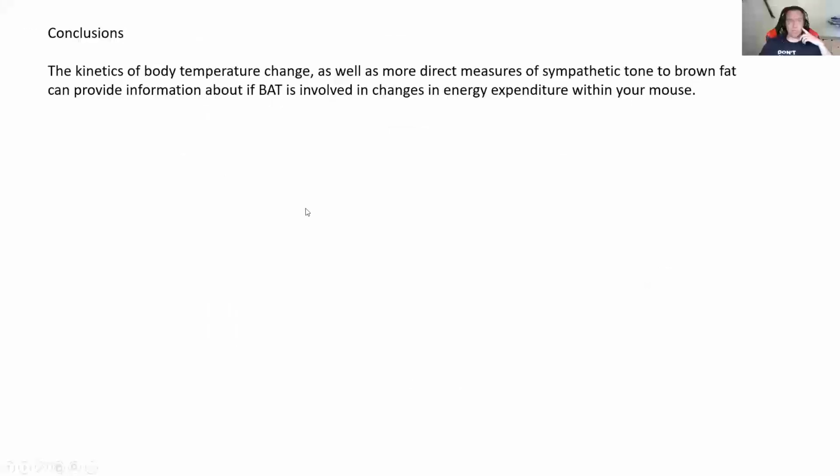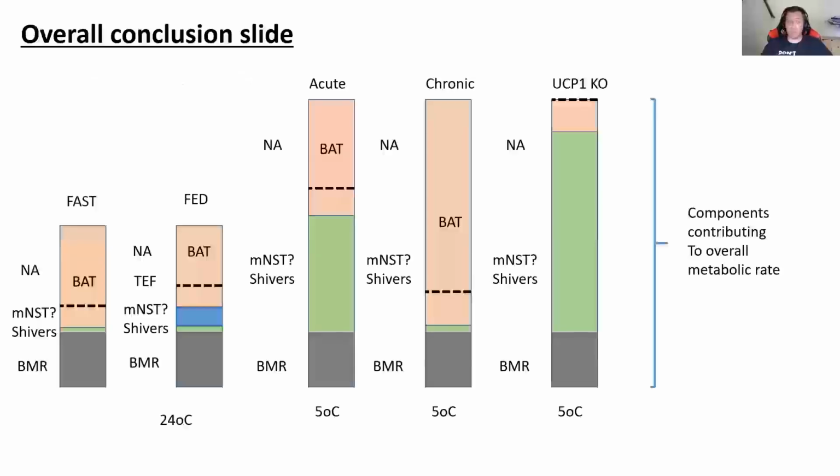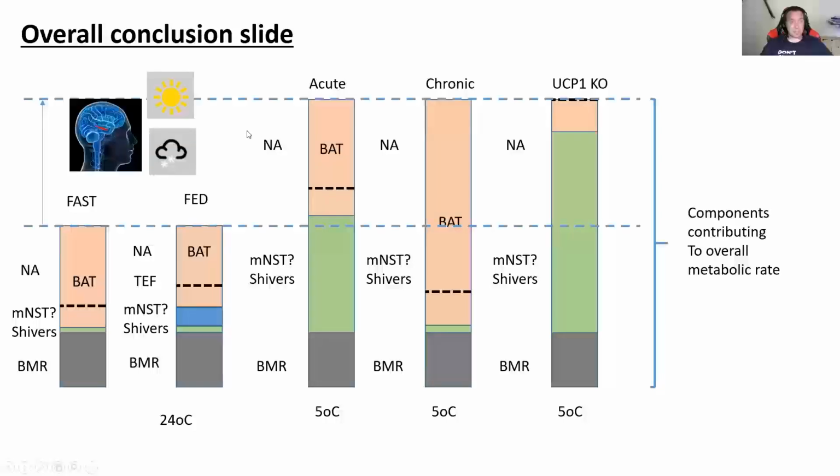Okay, so the conclusions from this section are the kinetics of body temperature change, as well as more direct measures of sympathetic tone to brown fat, can provide information about if BAT is involved in changes in energy expenditure within your mouse. And just going back to our very first slide, this differential here is metabolic rate. That is controlled by the brain and is determined by the environmental gradient, how warm and hot it is between the core body temperature and the environment, as well as the degree of insulation.